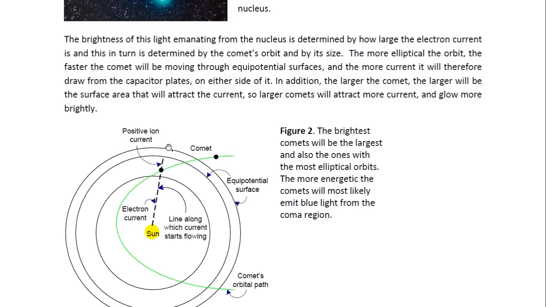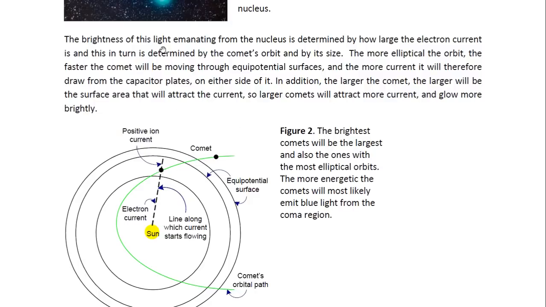So charge is transferred from the capacitor to the comet in order to try and equalize its potential to its environment. So the result is a current of electrons coming from the Sun towards the comet, and the current of ions coming from the nearest nebula cloud, and these meet at the comet.